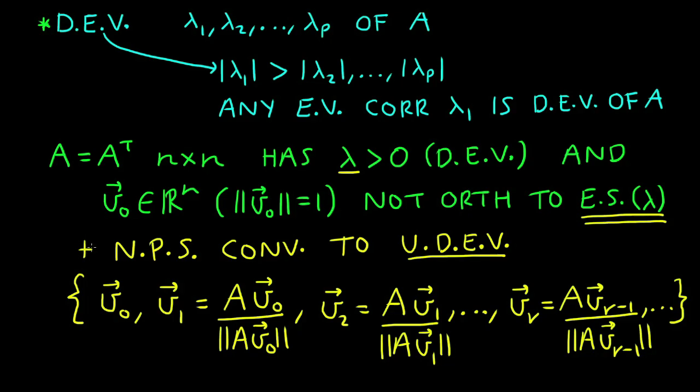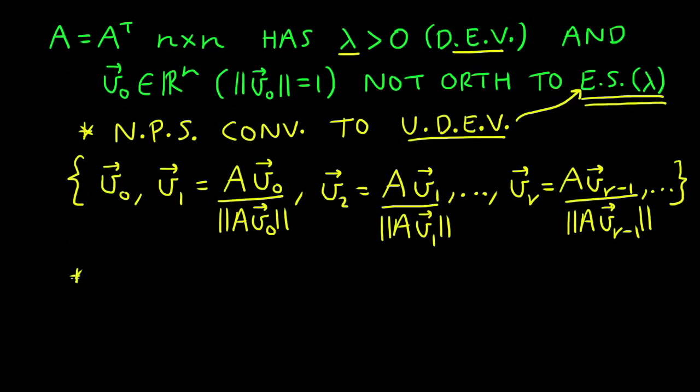So that's one condition of the power method, that the normalized power sequence of approximations converges to a unit dominant eigenvector in the eigenspace corresponding to lambda, being the dominant eigenvalue.